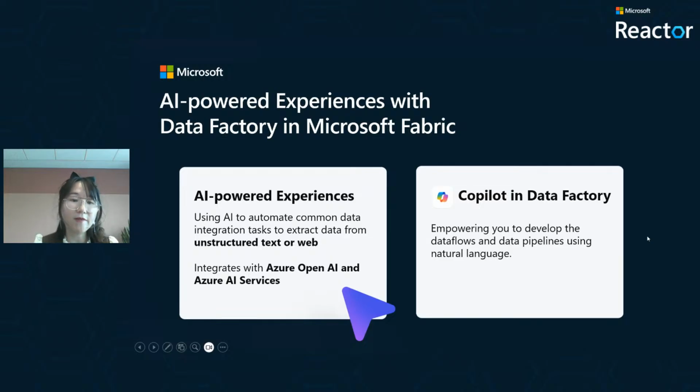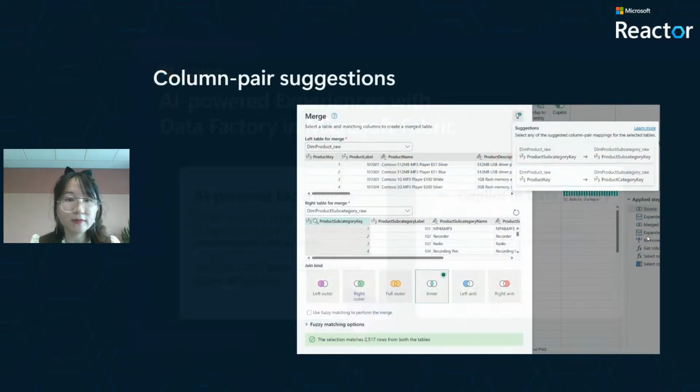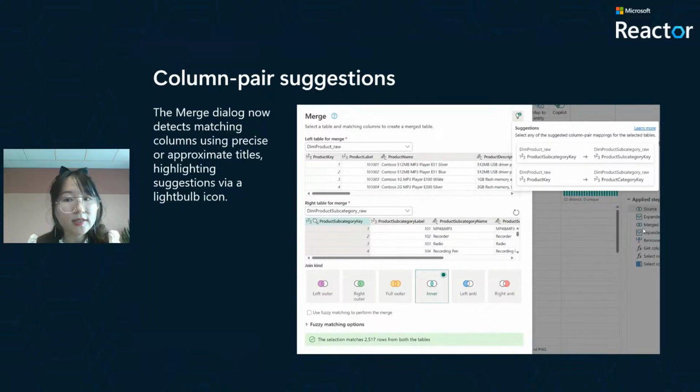So first, let's have a look at some features of the AI-powered experience. If you use Power Query, you may already use this. Power Query is available in Power BI Desktop, in Excel Desktop, as well as in Dataflow Gen2 of Fabric. When you want to merge two tables in Power Query, there is an AI function enabled in the column mapping.